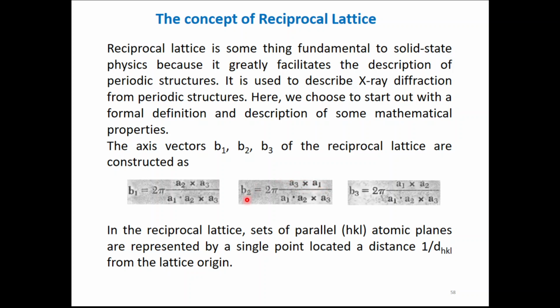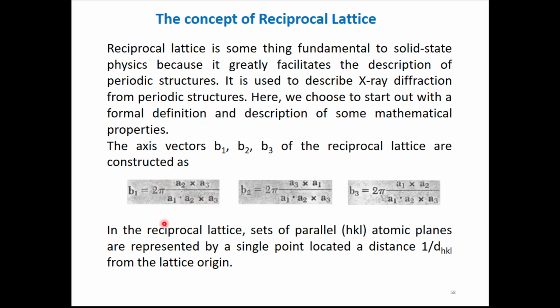So b2 appears on the second place, so we don't have a second place vector in the numerator. So this is just a simple logic to remember these equations. Similarly, for b3, we don't have any a3 in here, and similarly for b1 we don't have any a1 in here, right? The rest of the things are similar.